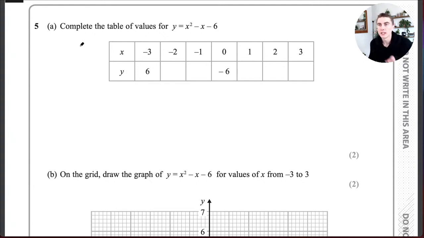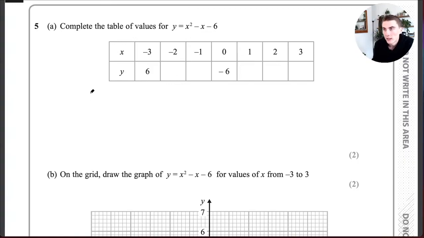So it says here, complete the table of values for y equals x squared minus x minus 6. So this here's the equation. I'm going to fill in this table. And all you do for these is you basically put each of these x values in the equation, so in the place of the x's, and that will give you the y's.